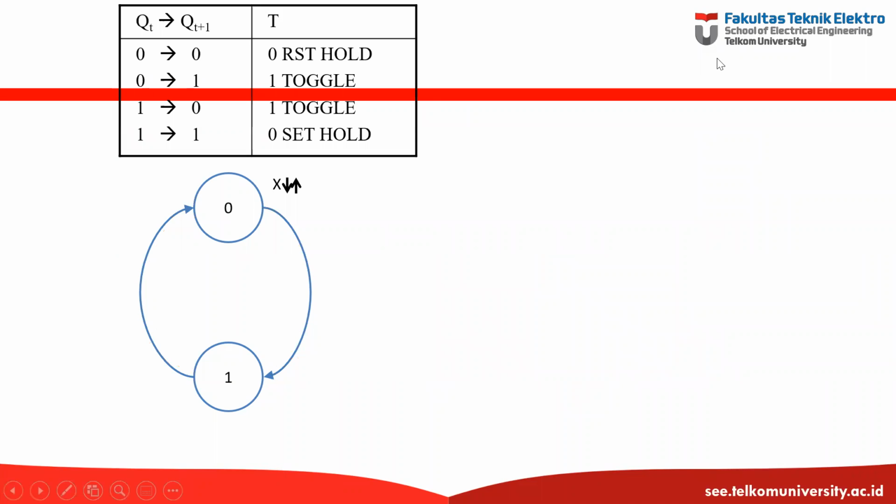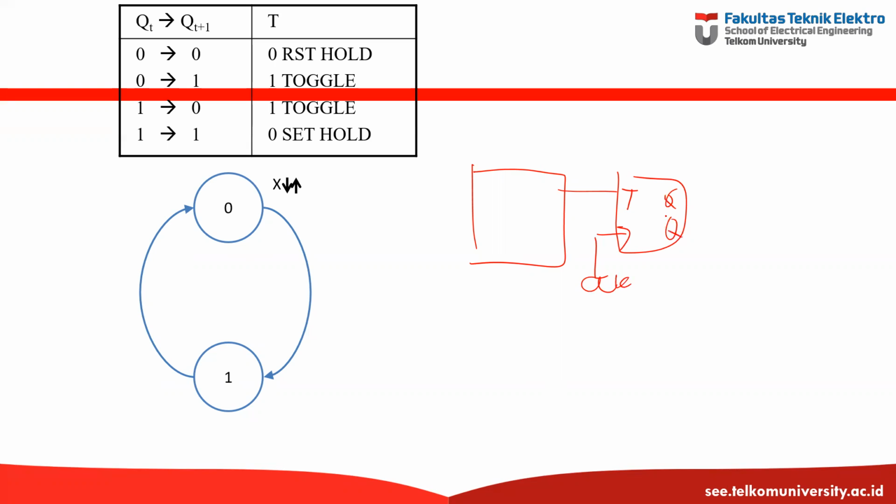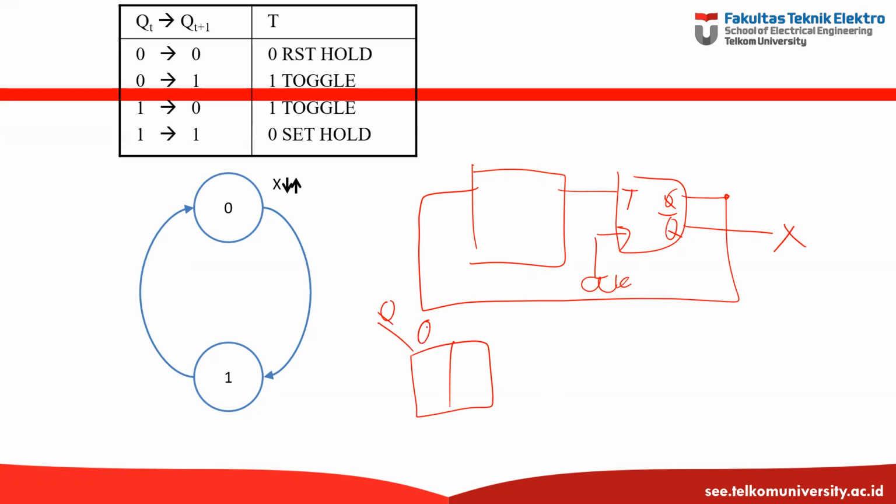Now, how about for the T flip-flop? Same thing. This is for the clock. This is for the Q. This is for the Q naught, and this is X. And then we're supposed to have this one. And then this is Q, 0, 1, this one for T. When Q is 0, so we are here, clock, it will change to 1. 0 to 1 happen when T is 1.